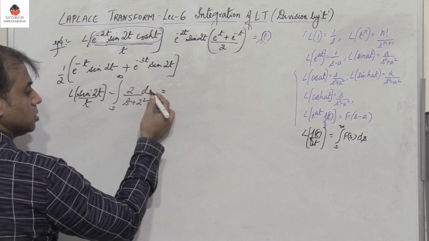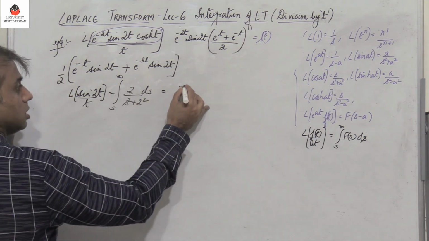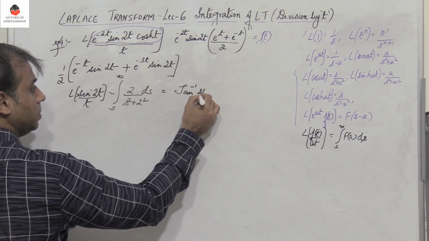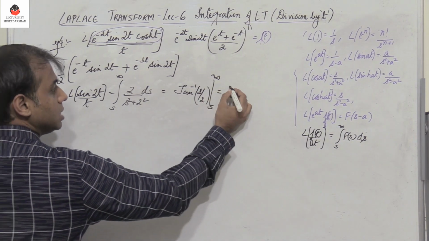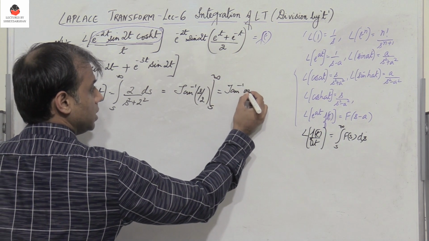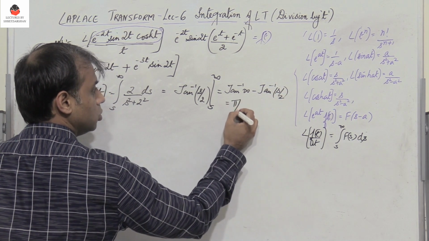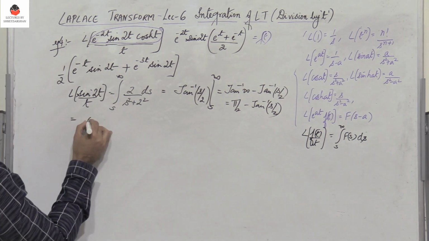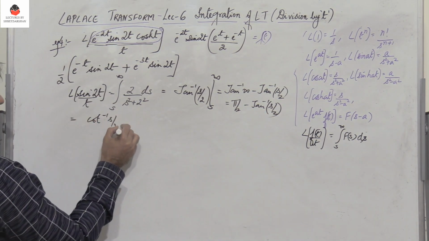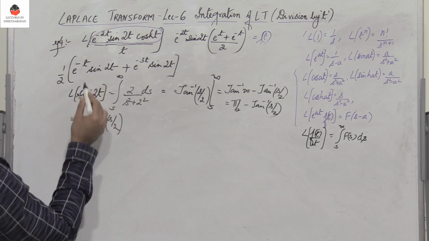Now we know that this is of the form a divided by x square plus a square integral, which is nothing but tan inverse s by 2 within the limits s to infinity. So you have tan inverse infinity minus tan inverse s by 2. So you get pi by 2 minus tan inverse s by 2, and this is equal to cot inverse s by 2. We have already done this in the previous problem. So this expression is cot inverse s by 2.